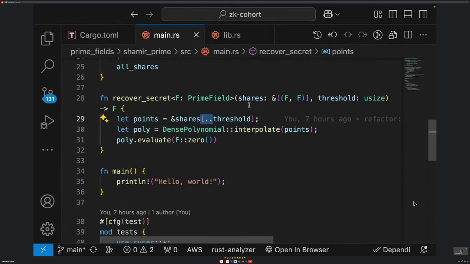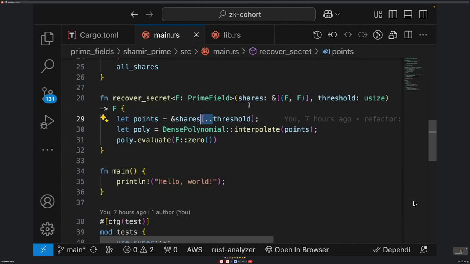So this line 29, like you said, slices your array of shares to the number of threshold. What's the starting point? Does it just pick from the first until it gets the first threshold? That means you're including the zeroth one, like the first guy.